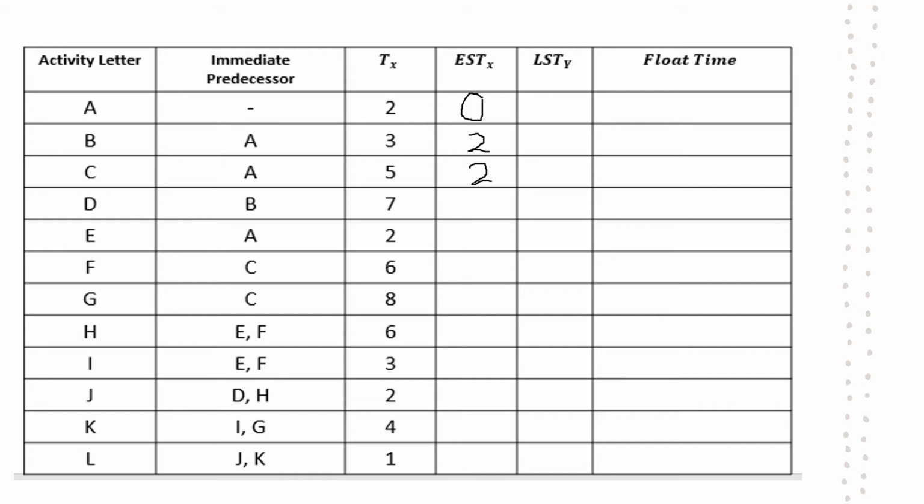For C, we had 2. For D, we had 5. E, we had 2.